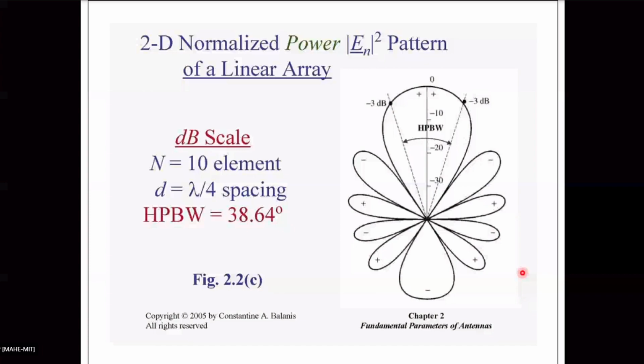So 0 is the maximum point, and the half power point is minus 3 dB, which is 10 log half. If it is a voltage pattern, again it is 0 dB at maximum, and the half power point is 20 log of 0.707.